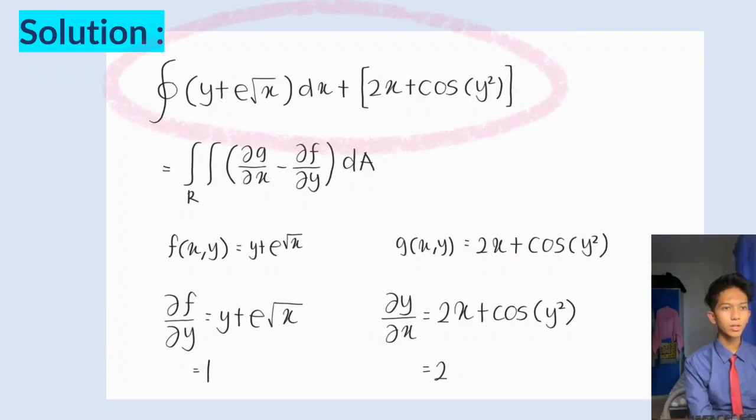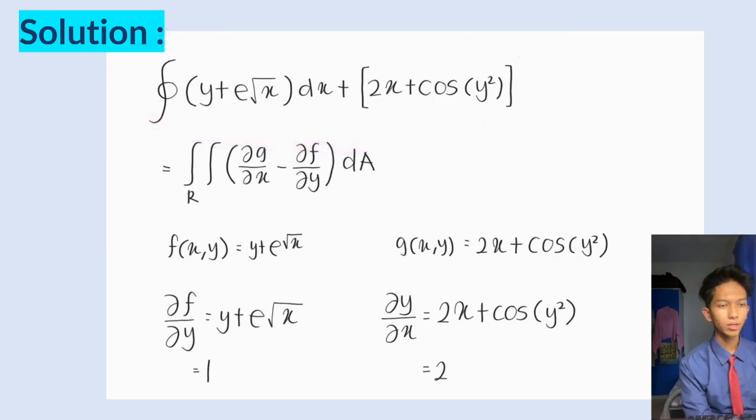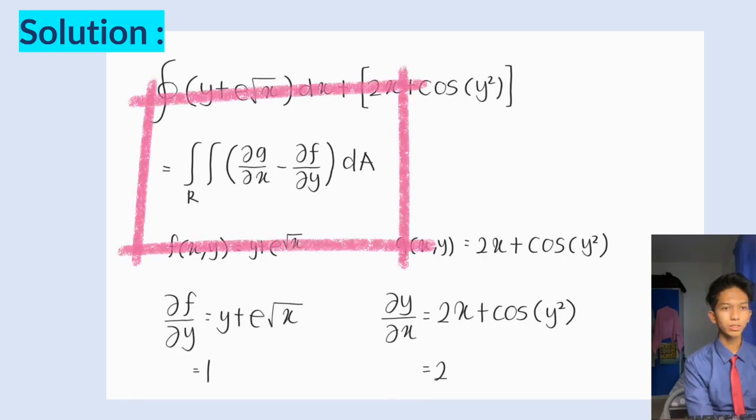For the solution, the integral of (y + e^(√x)) dx + (2x + cos(y²)) dy. We know that the formula of Green theorem is the double integral of (∂g/∂x − ∂f/∂y) dA.